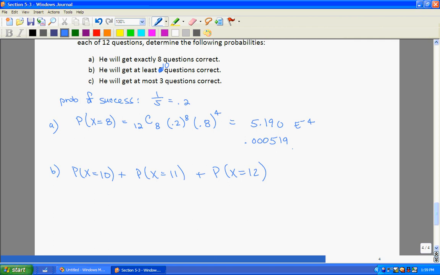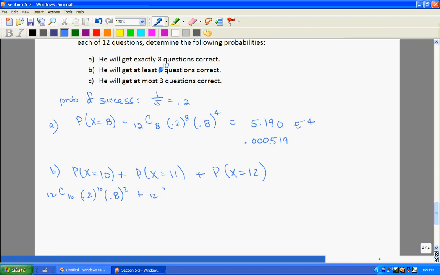So what that means is I have to find the binomial probability for each one, for 10 and for 11 and for 12. So here I would set up 12 choose 10, 0.2 to the 10th, 0.8 to the second for the 2 leftovers that are not successes.